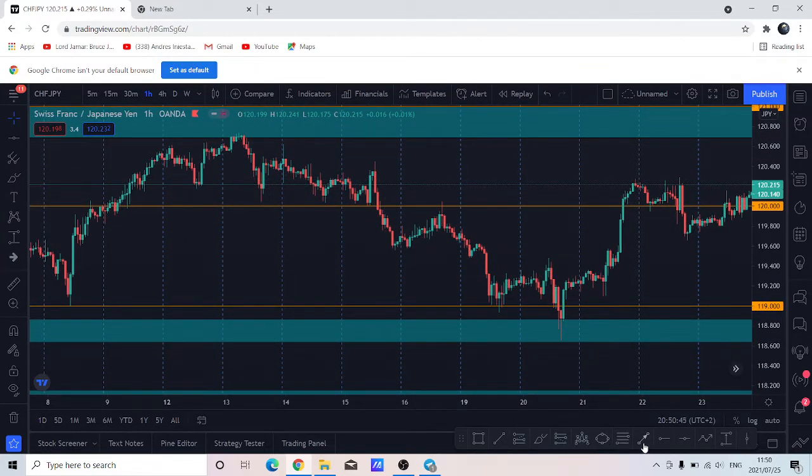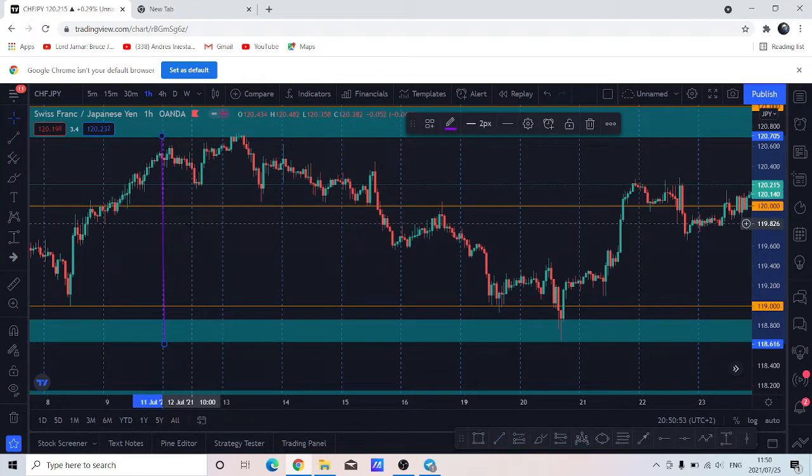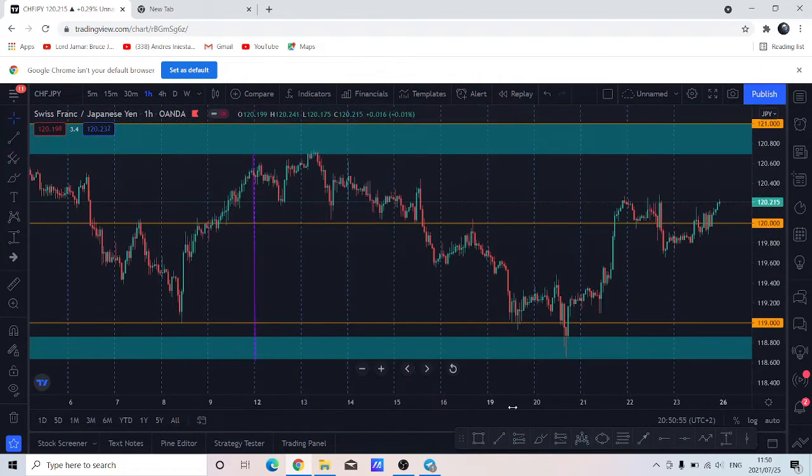Let's just mark it with this line. This is our Monday here. So we need to see what? We need to see 3 consecutive pushes that are coming down into a particular key level or particular round number.